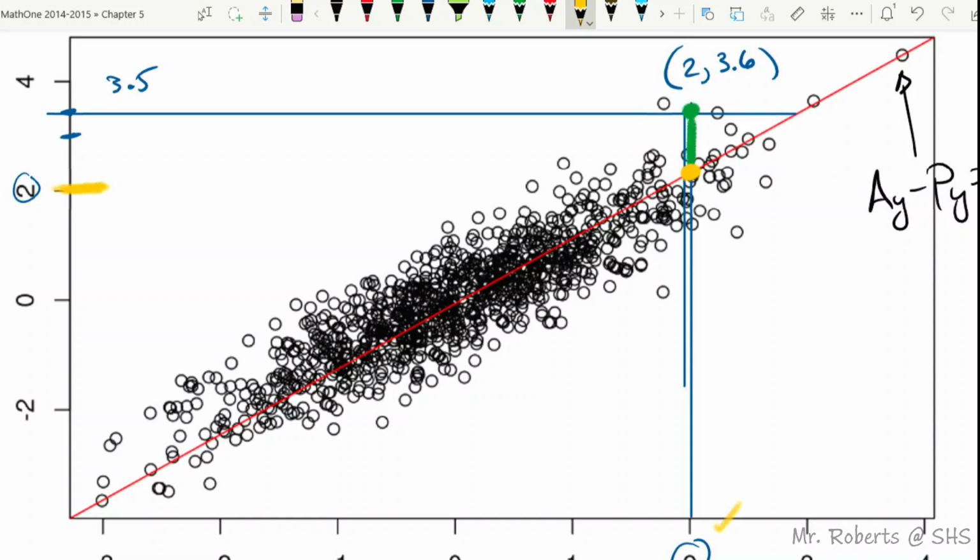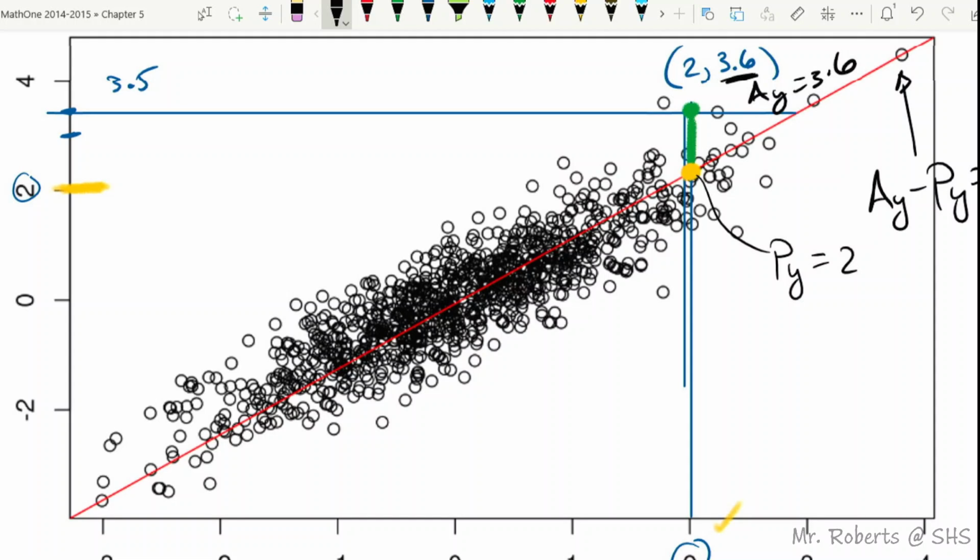Okay, but it's not. When I put in X is 2, I'm not getting Y is 2. The actual value was 3.6. So this yellow dot, my predicted value of Y, is the number 2, and my actual value of Y was 3.6.